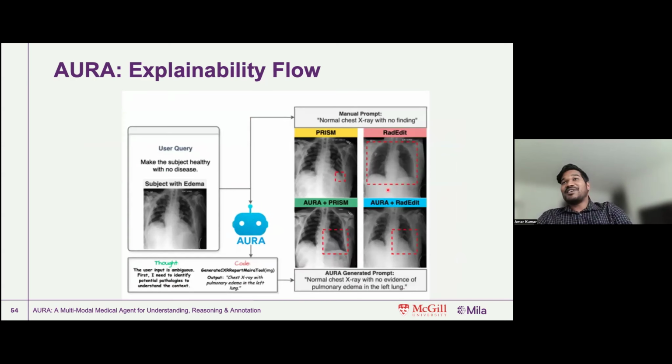Looking at the downstream tasks, we talked a lot about Prism and some other image editing based methods. This agent could also take those into analysis, and we showed that you could specify bounding boxes where you need to make the change, and it's able to understand that context, evaluate its decision, and then improve the performance or generate something that shows semantic similarity between the synthesized medical image and what was instructed in the text.